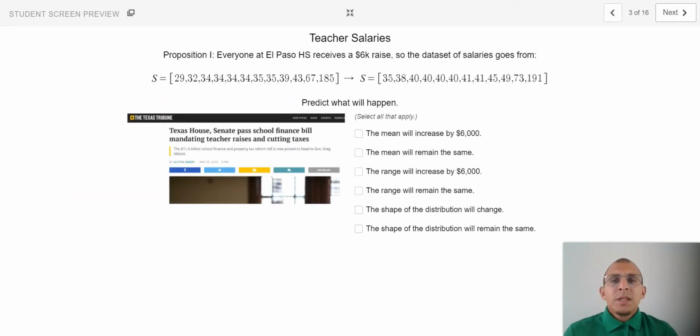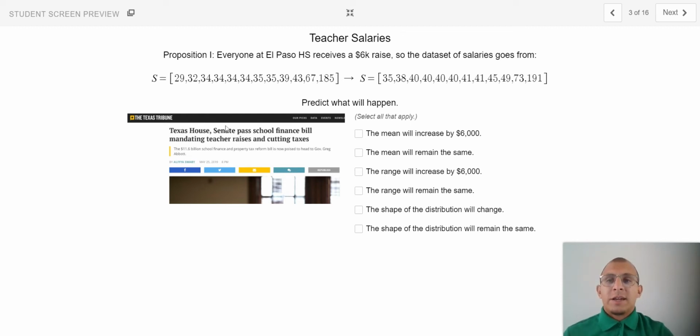So back in 2019, the Texas House and Senate passed a school finance bill to provide teachers with raises. In the first proposition, they had decided that everyone at El Paso High School was going to receive a $6,000 raise.